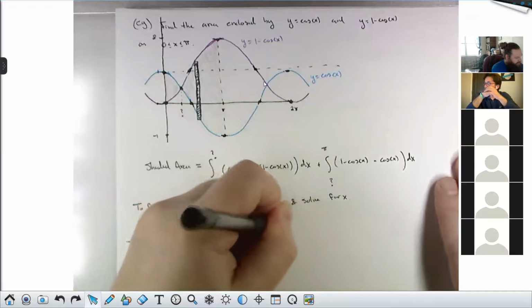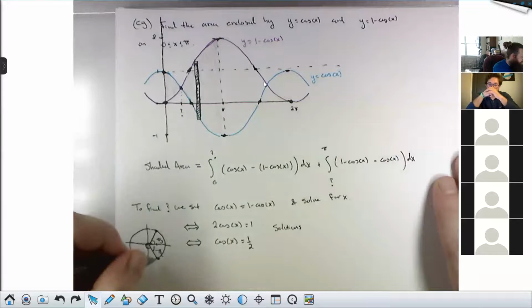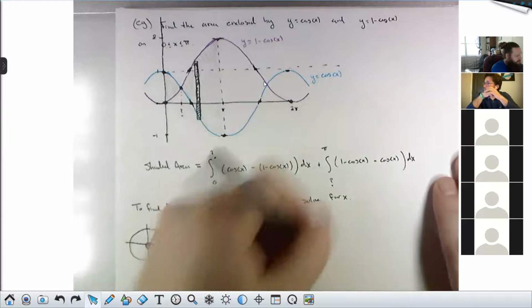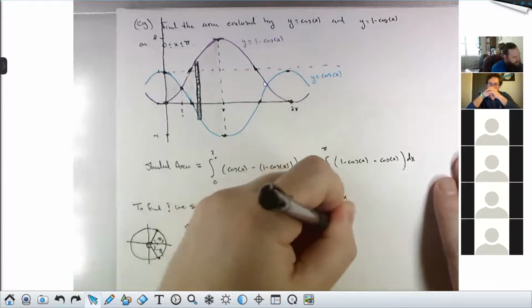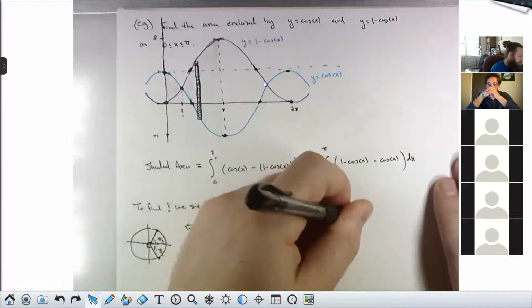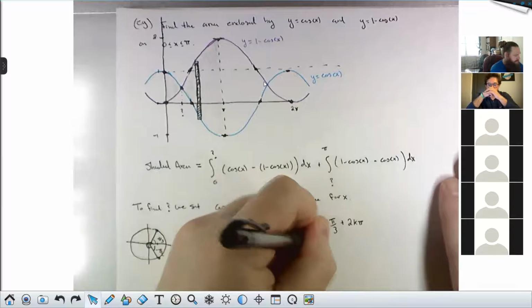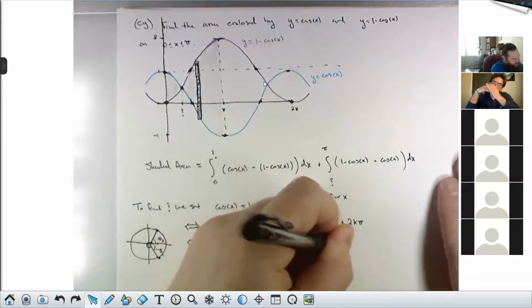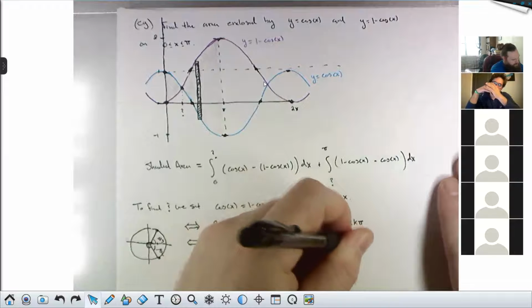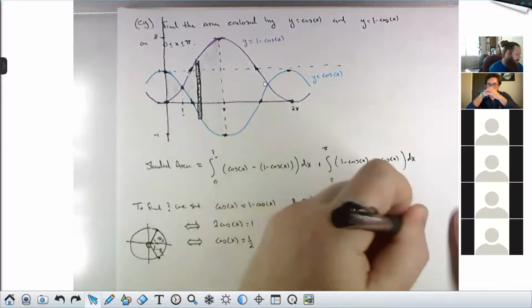So our solutions, sorry, not 7 pi over 3, 5 pi over 3, right? 1, 2, 3, 4, 5 pi over 3. Solutions are x equals pi over 3 plus 2k pi, and x equals 5 pi over 3 plus 2k pi, where k is allowed to be any integer.